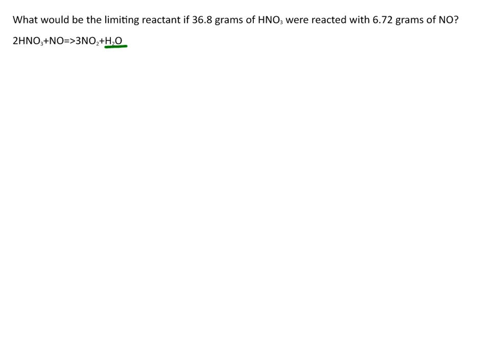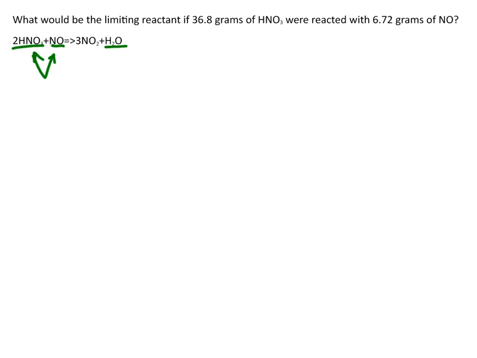What I want to do in trying to find out the limiting reactant is find out which one of these, either this 36.8 grams of nitric acid or this 6.72 grams of nitrogen monoxide, is going to make the least amount of water. What I mean by that is, it's going to run out first. Whichever one of these reactants runs out first is my limiting reactant.